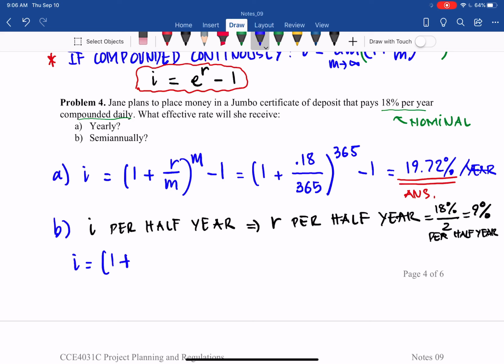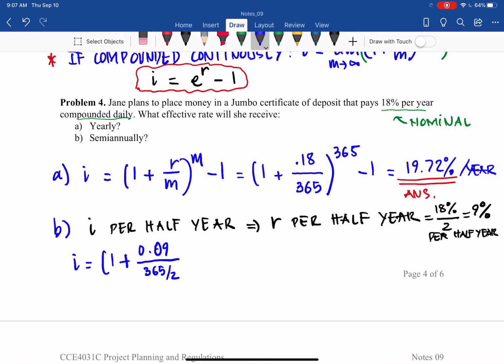So not 18%, but 0.09 divided by M. The number of compounding periods per half year has to be 365 divided by 2.